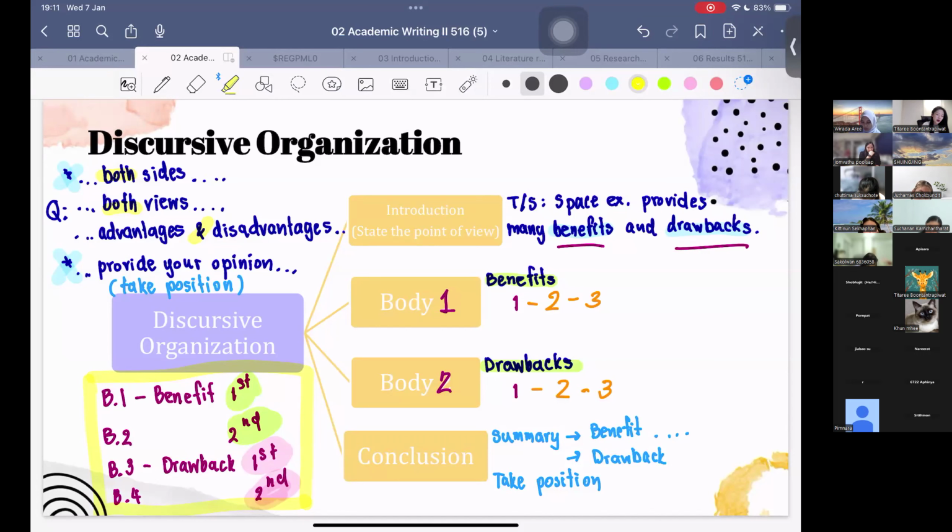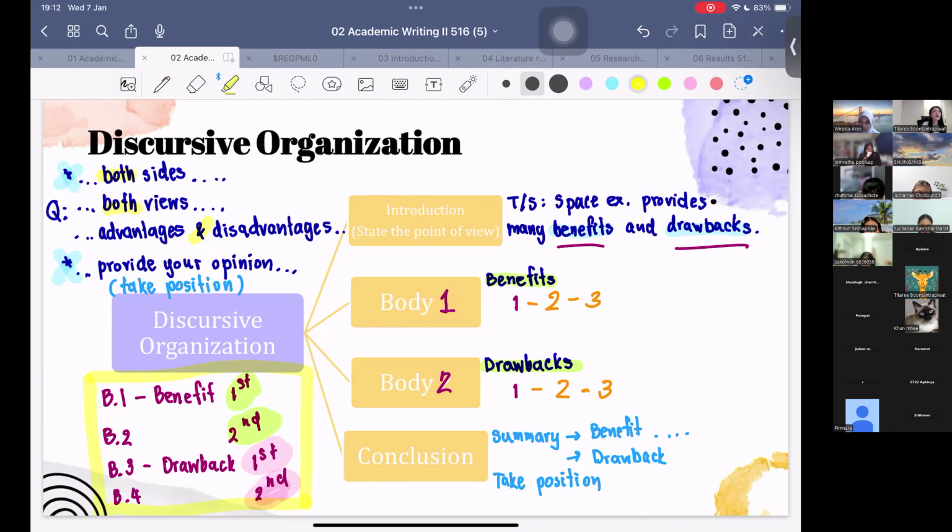Okay, start off with the intro and the thesis statement. Since the question asks you to write both sides or discuss both views, positive and negative things, the thesis statement needs to say something like, space exploration provides both benefits and drawbacks, many benefits and many drawbacks.